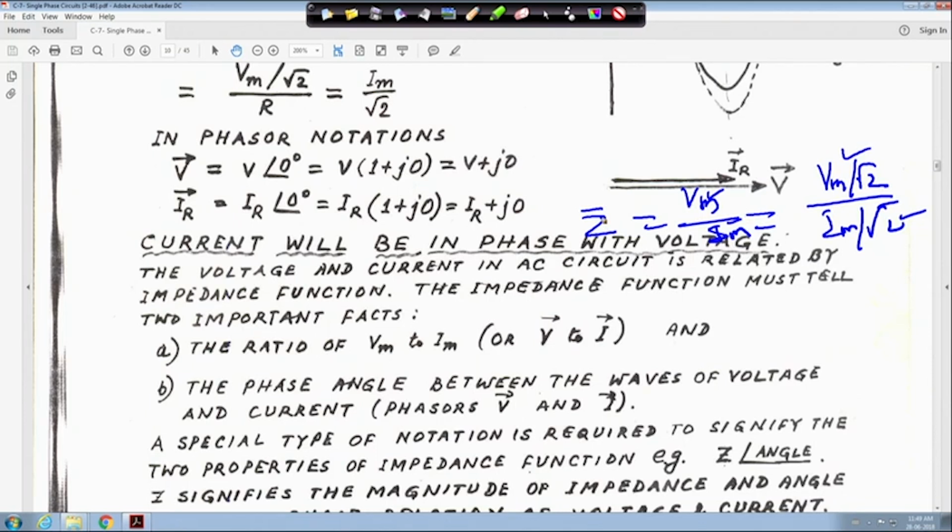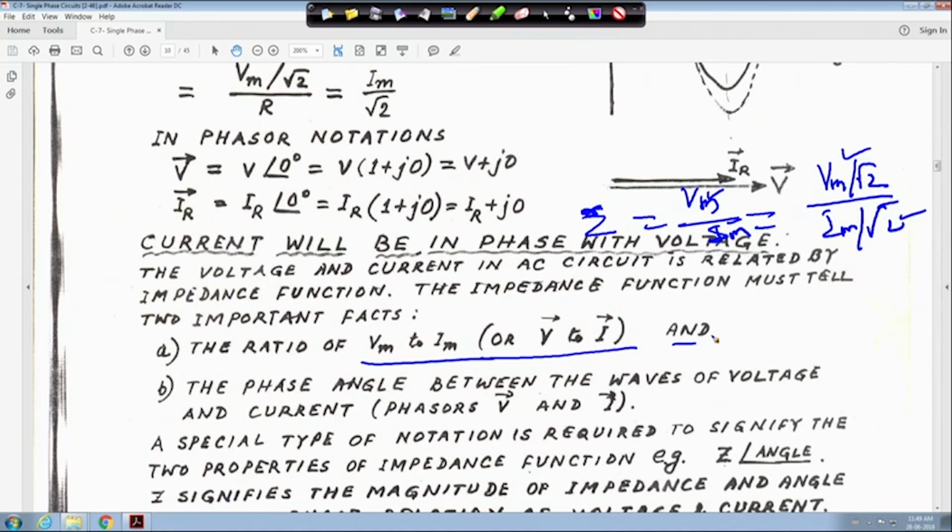So, Z impedance is not a phasor quantity, I will come to that later, right. It will be either the RMS value of voltage by the RMS value of current, this is the magnitude only, so it is better not to put a bar now. It is magnitude only, the angle we will see later. So, it is either the peak value of the voltage by the peak value of the current, the magnitude of the impedance, or the RMS value of the voltage by the RMS value of the current, that is what has been mentioned here, right.